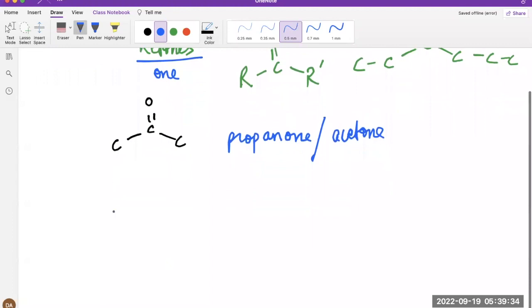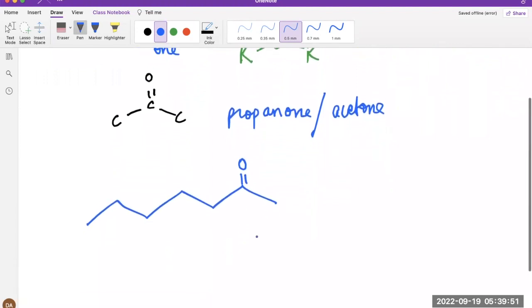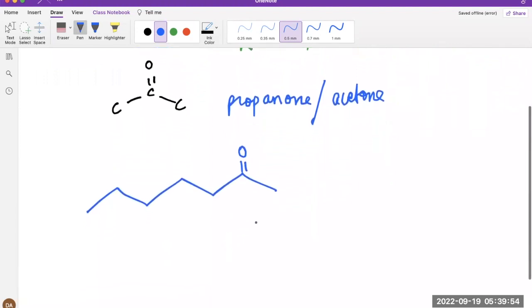So let's say we have a ketone. Since it's a ketone, you must have a carbonyl sitting surrounded by carbons, okay? So how do we name this one? For this one, of course, the numbering is going to start from where the double bond O is going to get the smaller number.